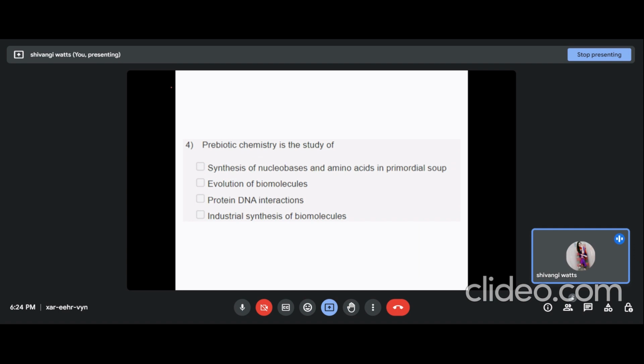So the fourth question: prebiotic chemistry is the study of: the first is synthesis of nucleobases and amino acids in primordial soup, evolution of biomolecules, protein-DNA interaction, and industrial synthesis of biomolecules.